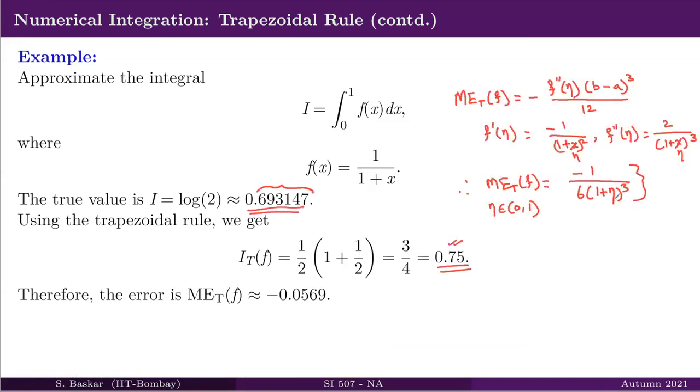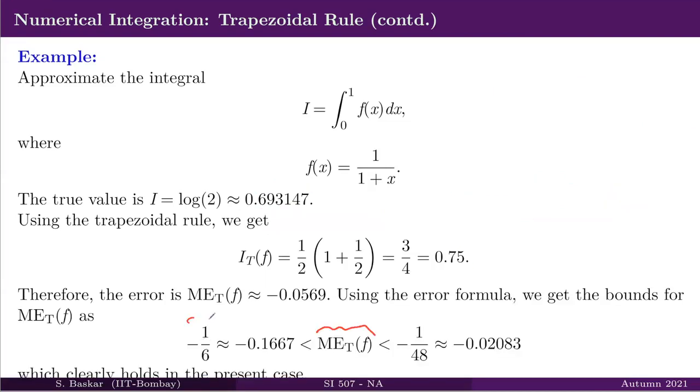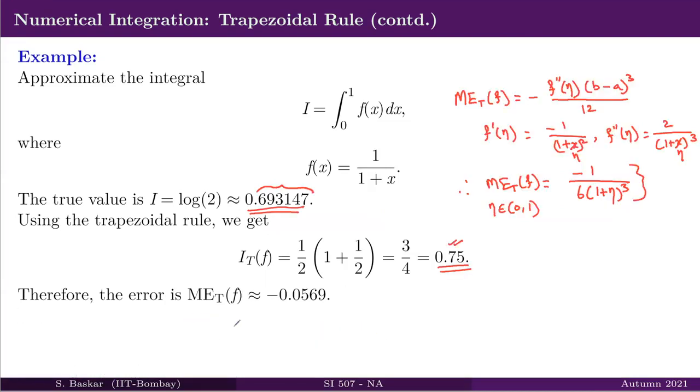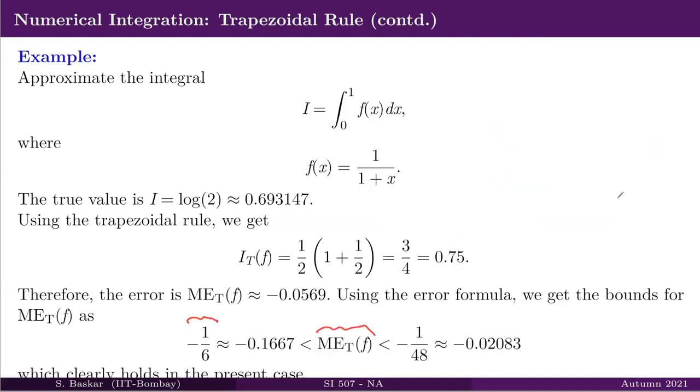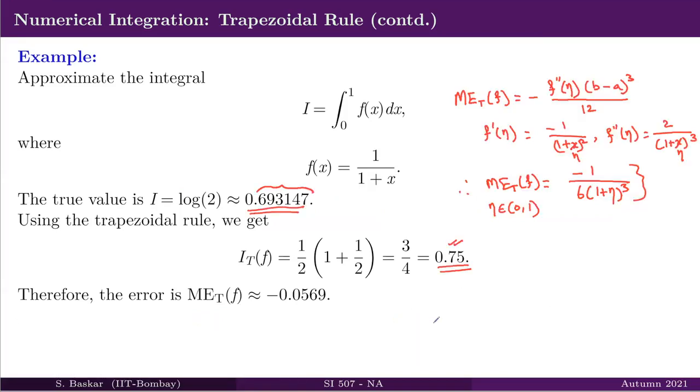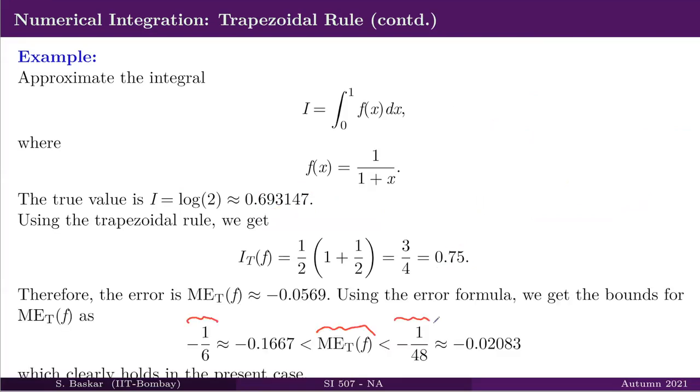That is, I'm putting eta equal to 0 here, and I'm getting minus 1 by 6, which is the lower bound, and I'm putting eta equal to 1 here, and thereby I'm getting minus 1 by 48, which is the upper bound. We don't know what exactly eta is, but whatever may be the value of eta, your mathematical error will lie between minus 1 by 6 to minus 1 by 48.